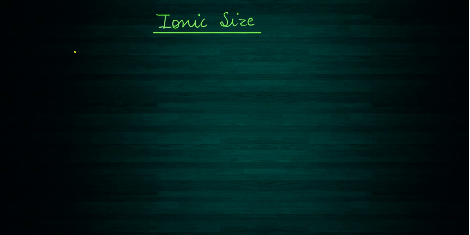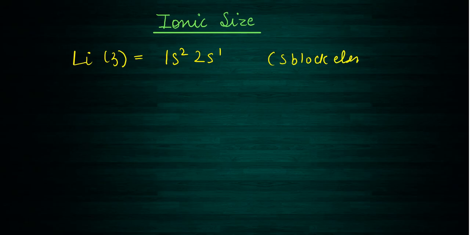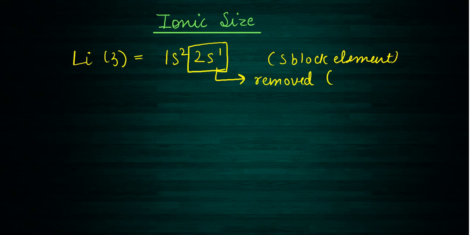If I take the example of lithium, let us suppose lithium has an atomic number of 3 and electronic configuration 1s2 2s1. Here the last electron lies in the s orbital, so it's an s block element. Now, if this one electron is removed, in chemistry this is known as ionizing.